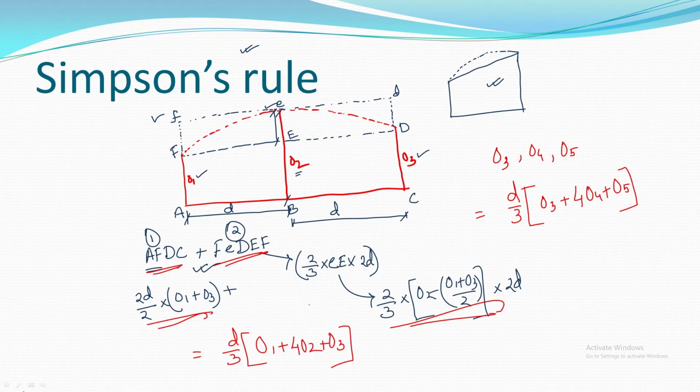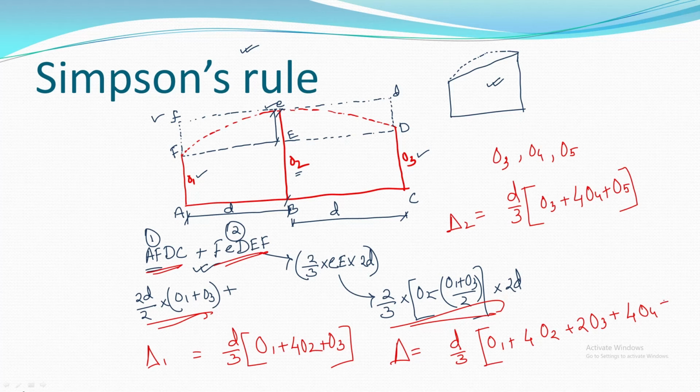Now if you consider this is delta 1 and this is delta 2, and you add them, you get delta equals D by 3 into O1 plus 4 O2 plus 2 O3 plus 4 O4 plus O5.